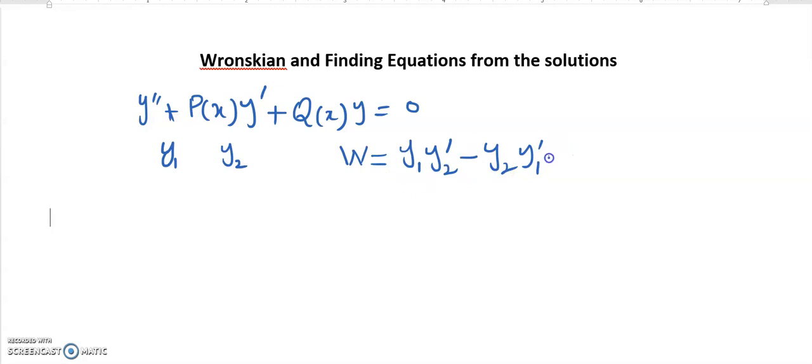And if it is not equal to 0, then the solutions are independent. This is a very useful test which can also be used for some other derivations as well. Although of course the ratio test is also useful, in some other derivations we will be using the Wronskian test for the derivation of formulas.